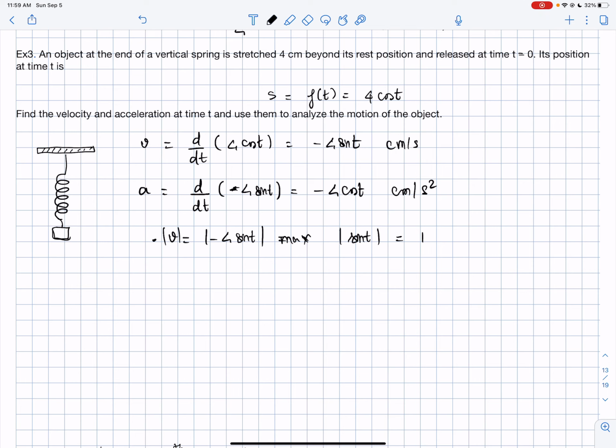So if v is the max, then the distance is 4 cosine of t.